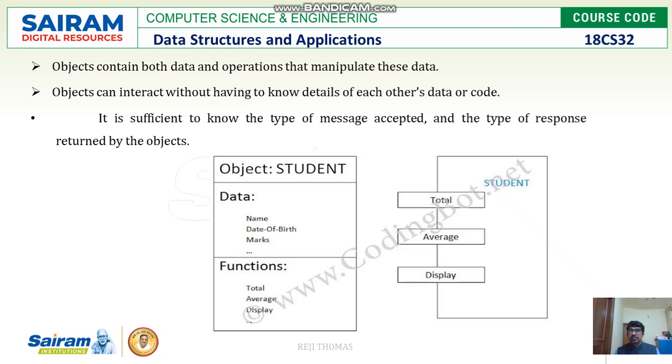If you look at the screen, you can find an object called student. The object contains data. The data can be their name, their date of birth, their marks. Everything is data. And a function is something like finding the total marks they have got, the average marks, or a function to display the student information.